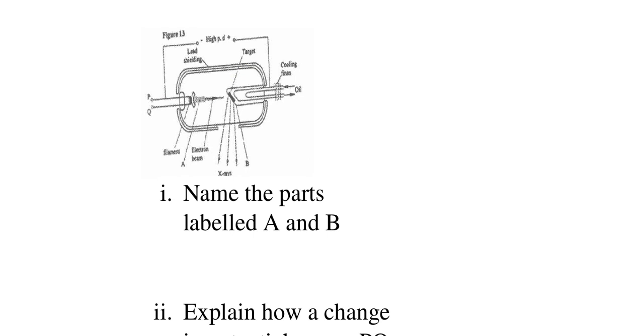So we are asked in Roman 1 to name the parts labeled A and B. Part A is this part, and as you can see, these are the produced electrons from the cathode. So A will be the electron beam.